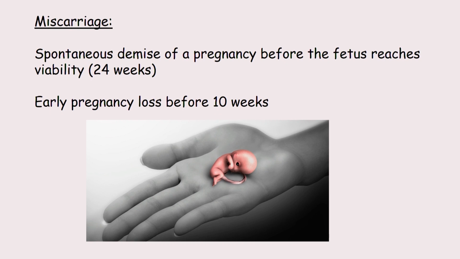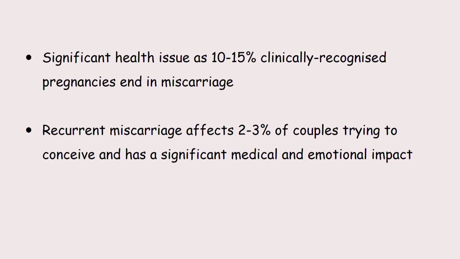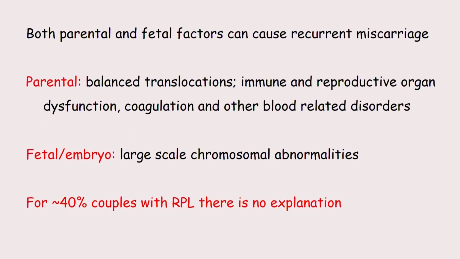Early pregnancy loss happens earlier and can be defined as a very early loss before 10 weeks. Miscarriage is a significant health issue because 10 to 15% of clinically recognized pregnancies end in miscarriage, and recurrent miscarriage affects about 2 to 3% of couples trying to conceive and has a significant medical and emotional impact.